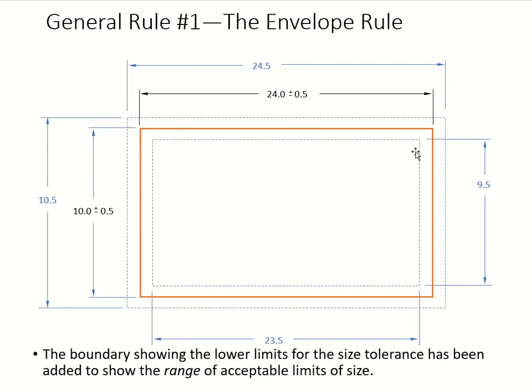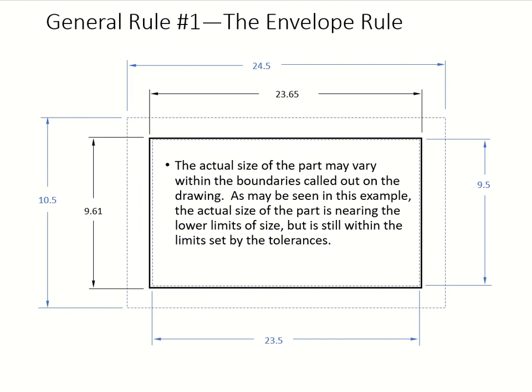You can vary in between them, I allow you that. So that's the range of acceptable limits of size, in drawing and of course in manufacturing and machining as well.